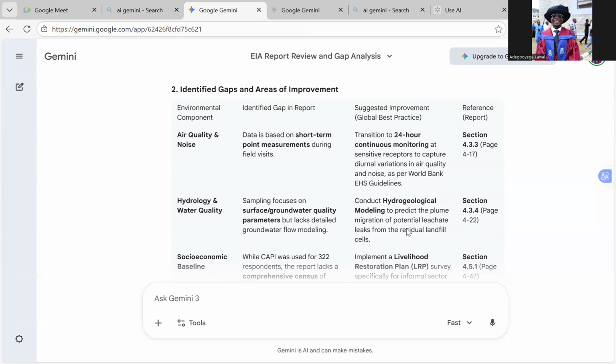Conduct hydrogeological modeling. Very important because of leachate, the plume migration of potential leachate leaks from the residual landfill. Since we cannot ask them to go back to conduct this modeling, we can ask if they have taken into cognizance the plume migration of potential leachate leaks from residual landfill.